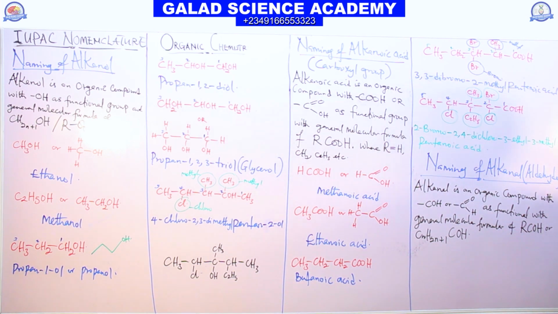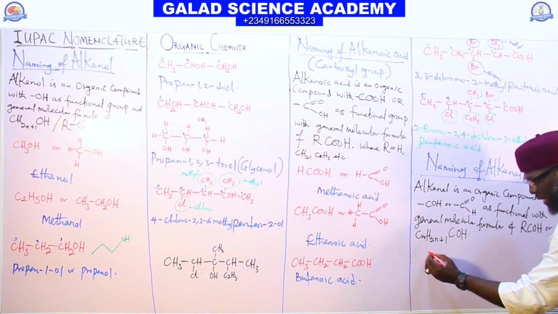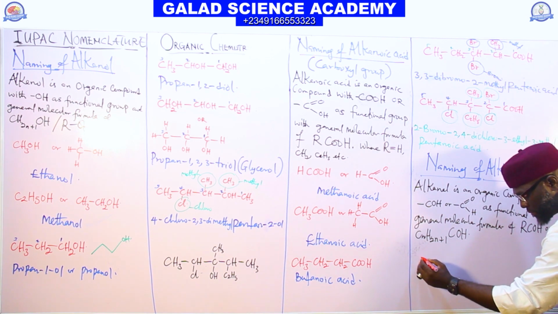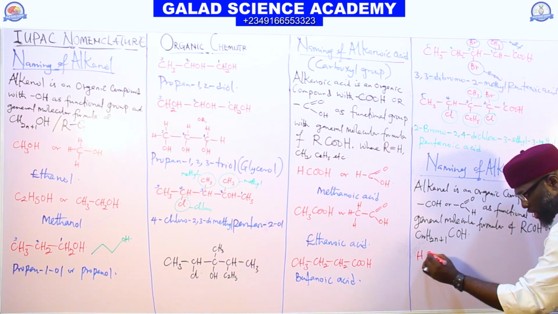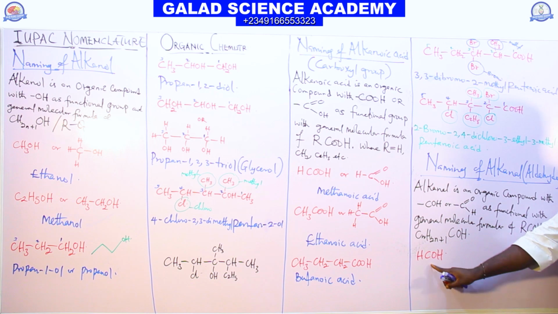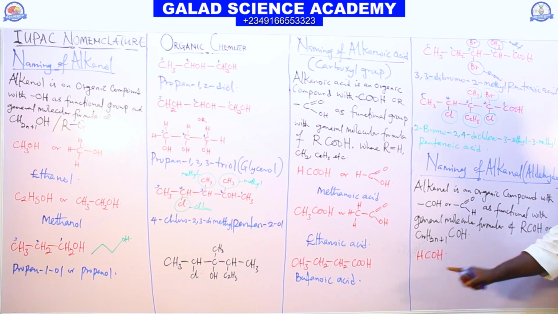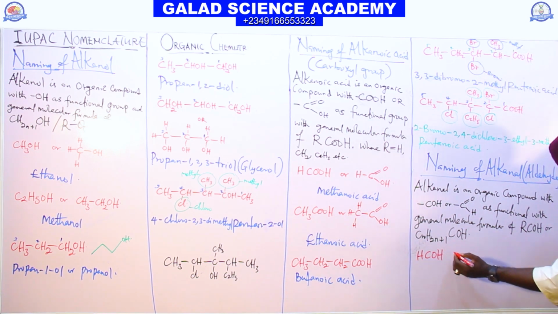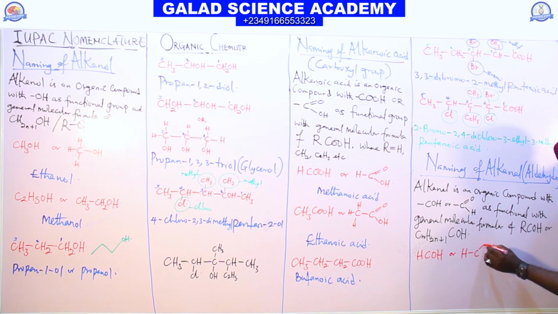Take for example, if you have a compound like this, HCOH. The structure of this compound can be in this form, HCOH.